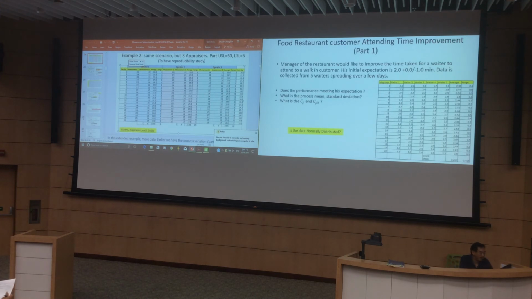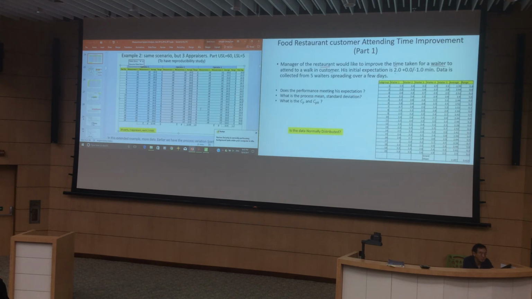In this example we have a manager of a restaurant who wants to improve the service time, the response time, which is a quality measure. In the service industry, responsiveness is one of the important factors. You have a couple of waiters attending to walk-in customers.